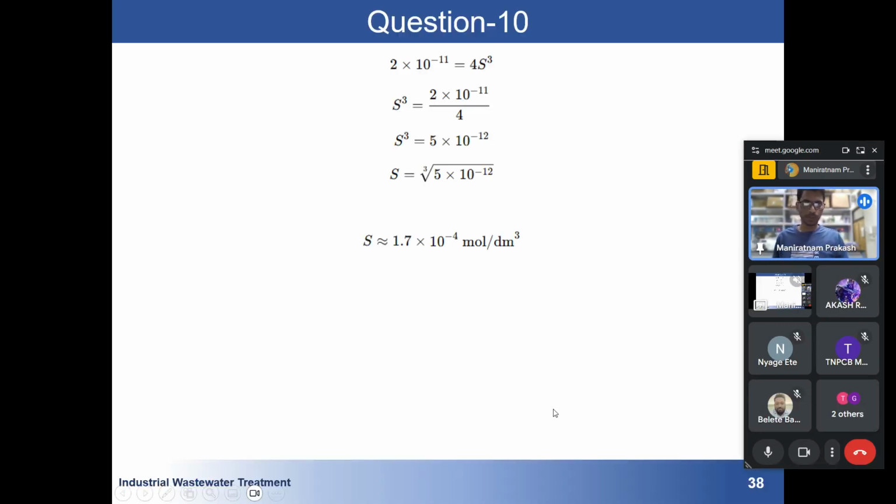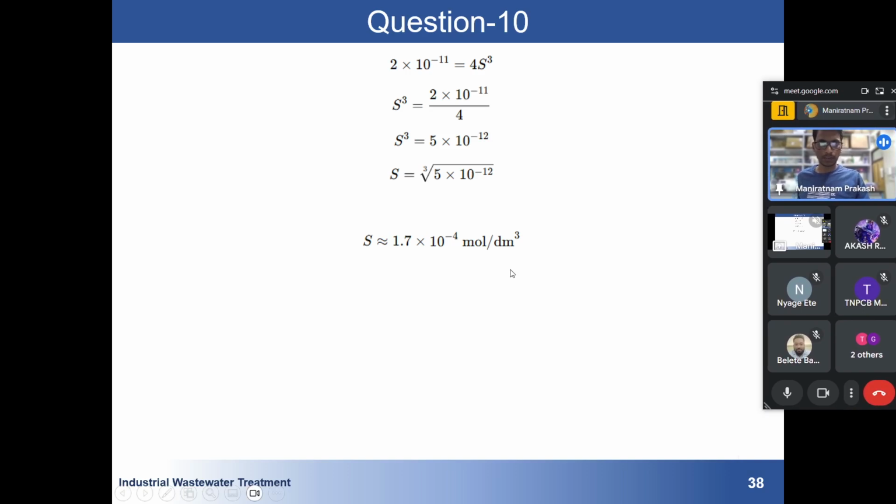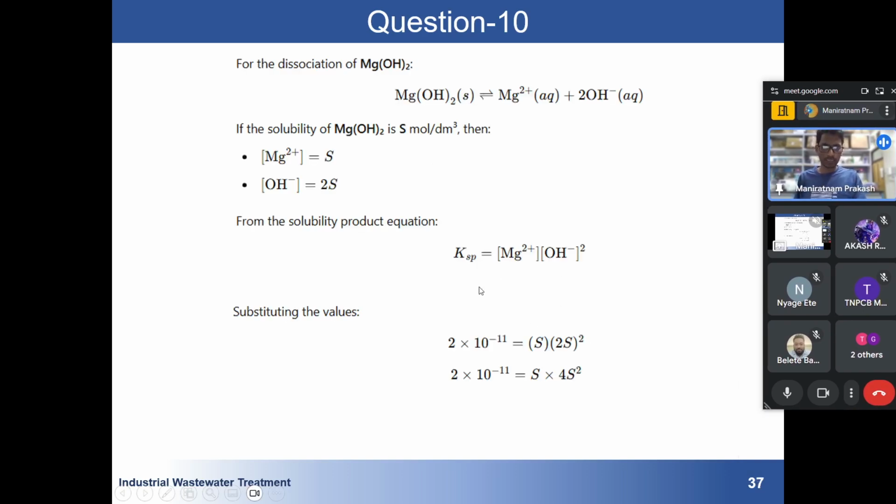I hope everyone is able to see my screen. I'm so sorry again.